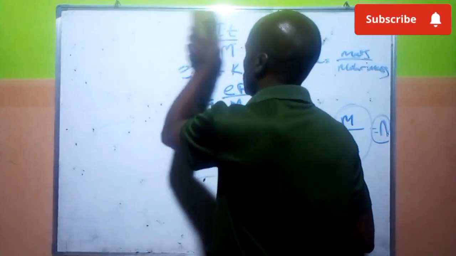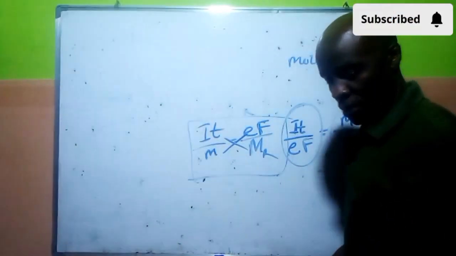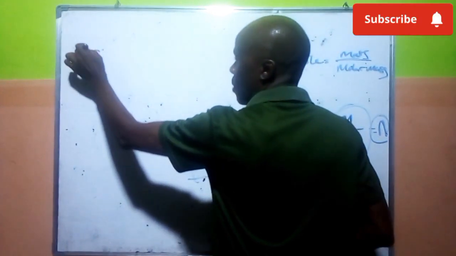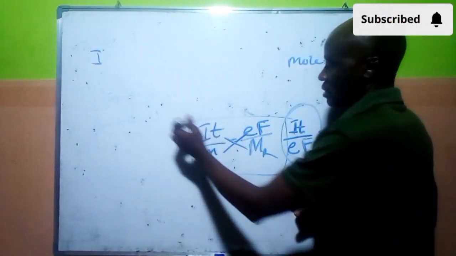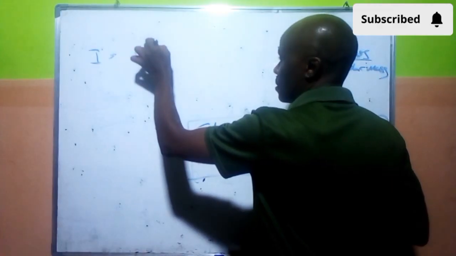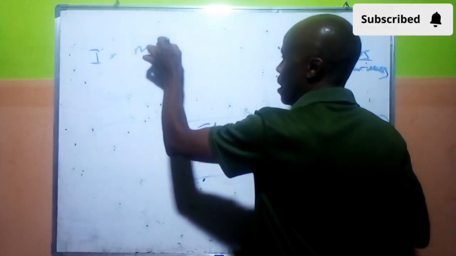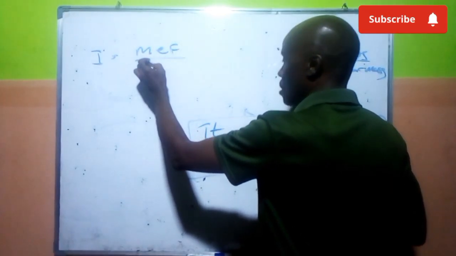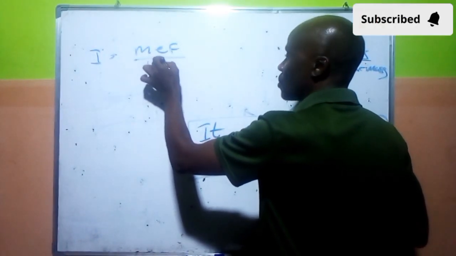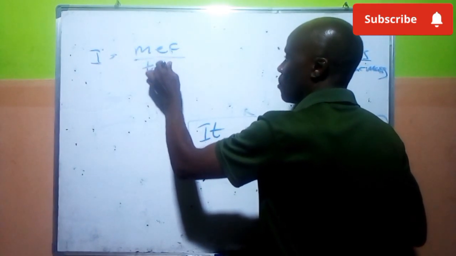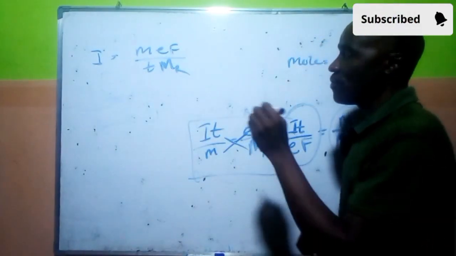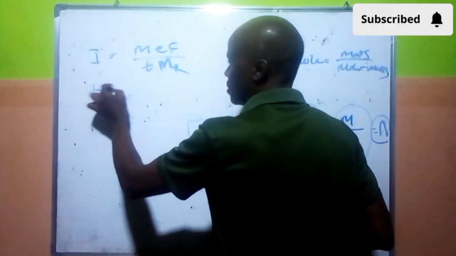We can also generate other formulas from here. For example, if we're looking for I, the current, we can go by mass times e F over t, the time, times molar mass.